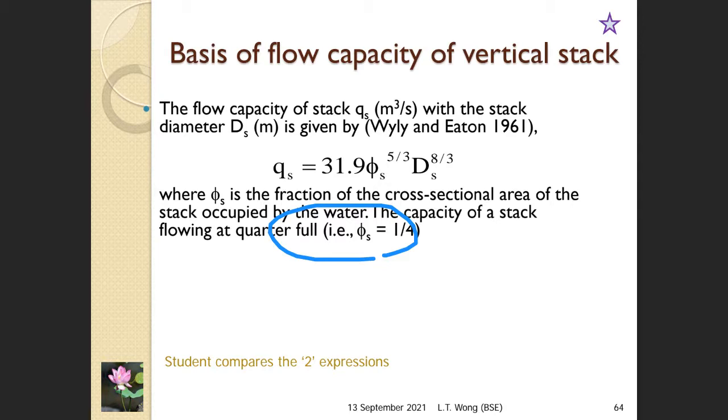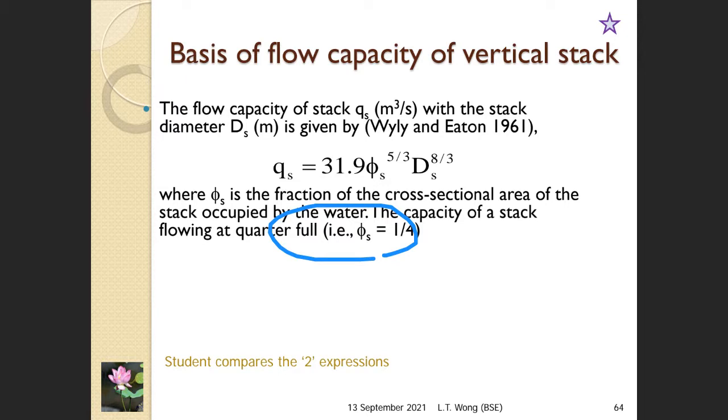At the center of the section of this stack is the air core, and this air core is filled by 3/4 of air in terms of area, only 1/4 filled with water, and with this design condition, the limit is quarter full flow, that's an equation.